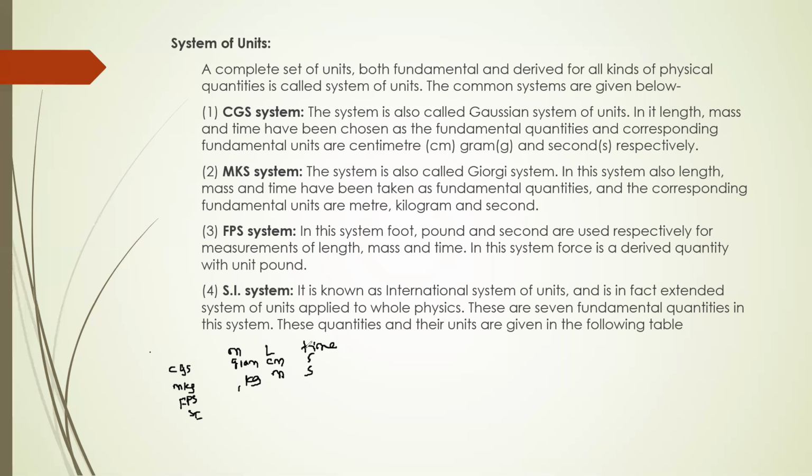Here the units are meter for length, kg for mass, and second for time. In the FPS system, length is measured in foot, mass in pound, and time in second.